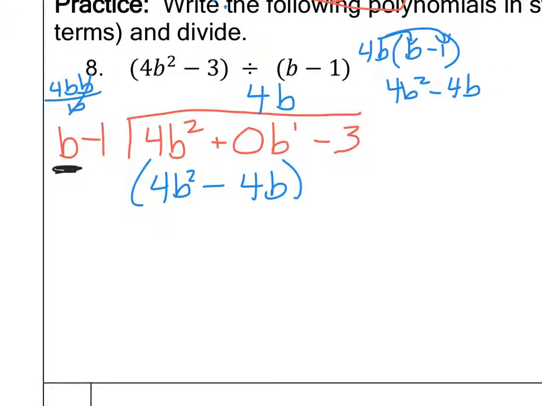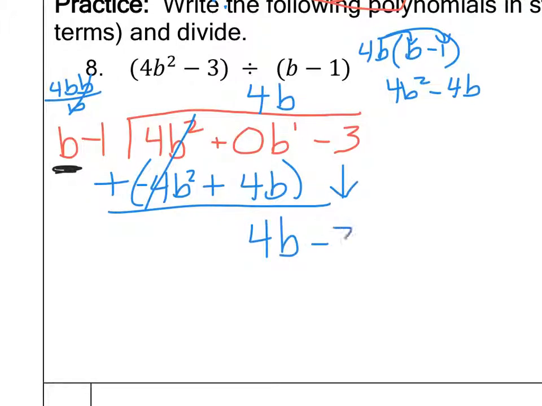But remember, we're subtracting. So we are going to change the sign of everybody inside and change it to an addition. Okay. So 4b squared plus negative 4b squared, those cancel. 0b plus 4b is 4b. And then we're going to bring down the minus 3.